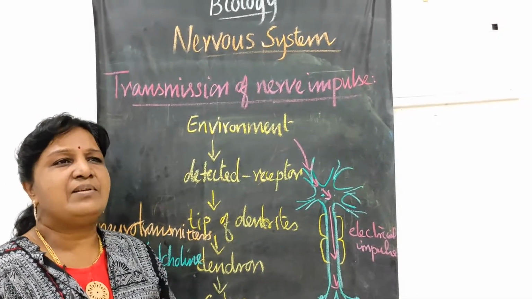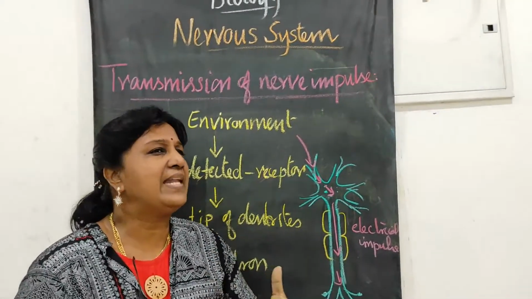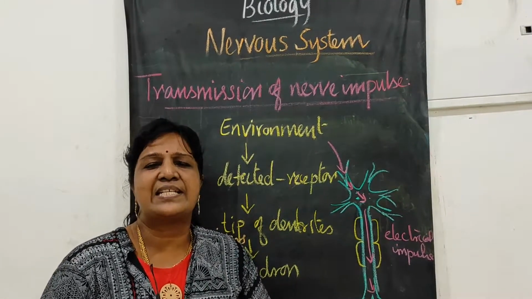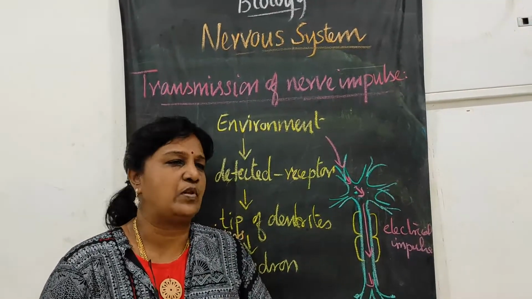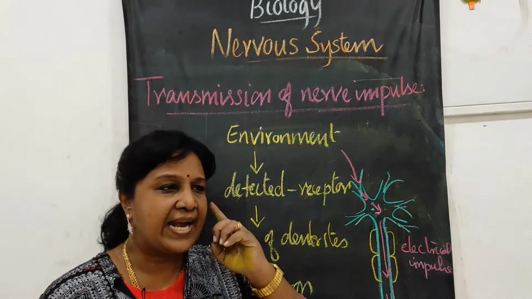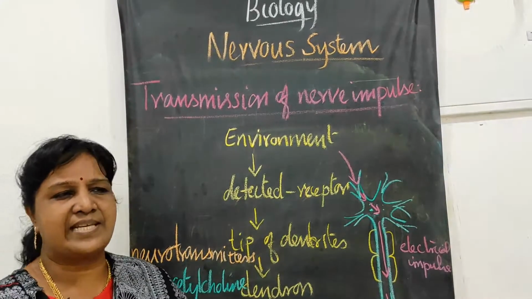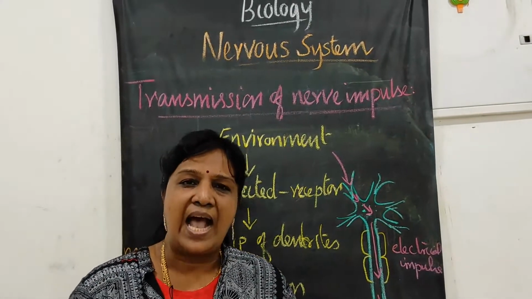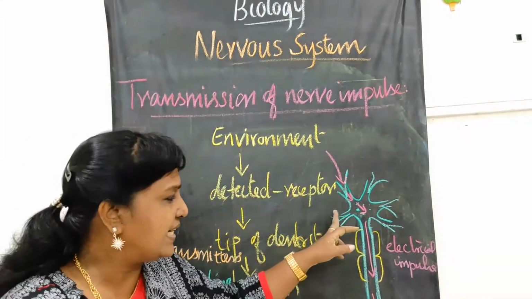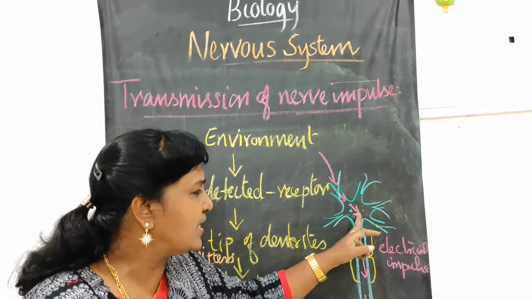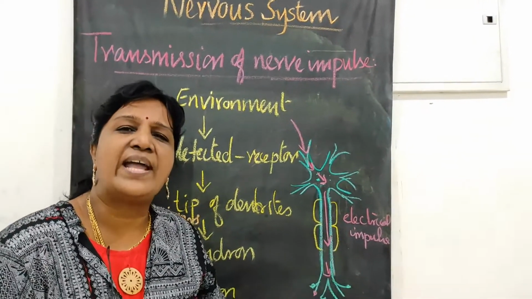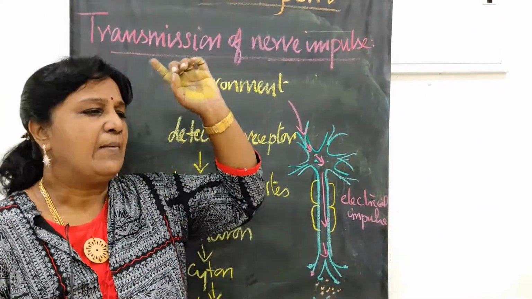For example, when I am admiring a flower in my garden, I express my feelings as, wow, it's beautiful. When I am looking at the flower with my eyes, the electric impulse is taken by the neurons of the eye, then it passes to the tip of the dendrites, then to dendron, then to cyton, then to axon, and finally the message is taken to the brain.